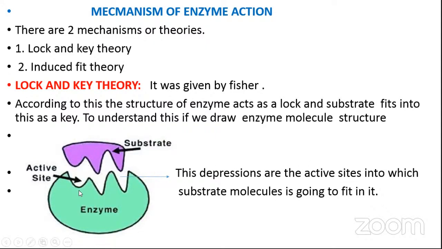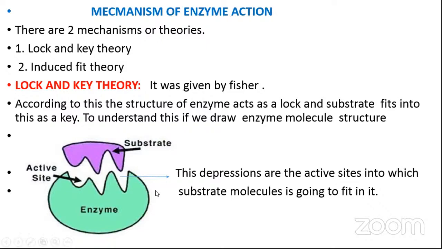Only one type of active site is present in the lock and key theory. According to this, specific substrate molecules come and attach to the active site, forming a temporary complex, which is called the enzyme substrate complex.